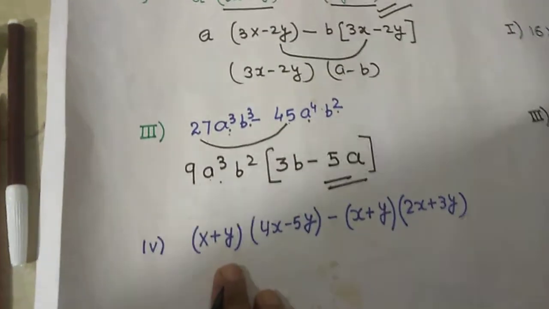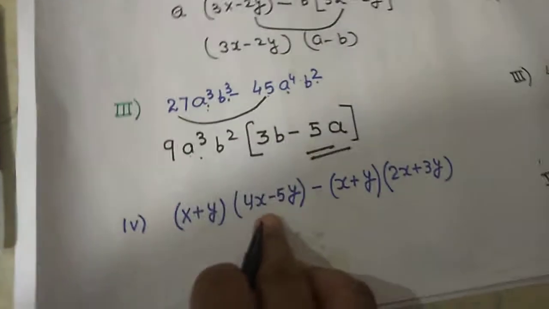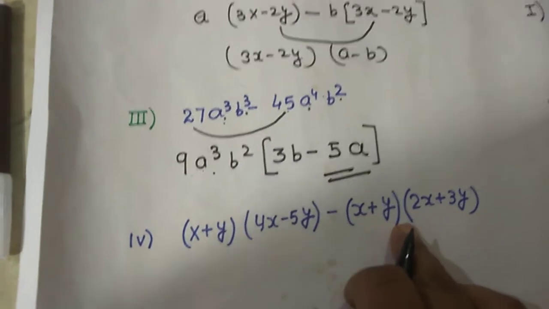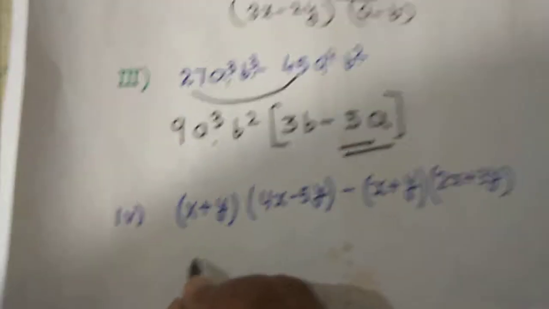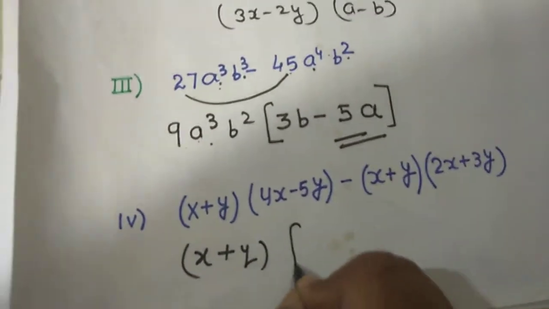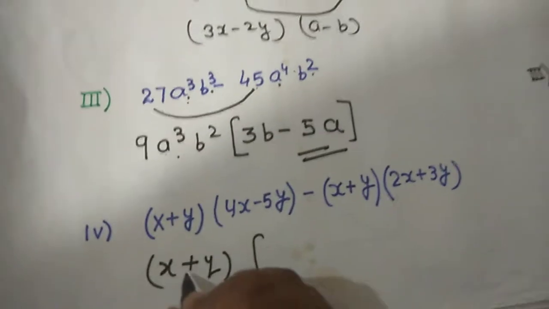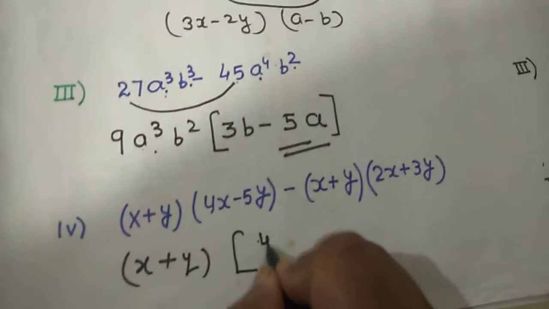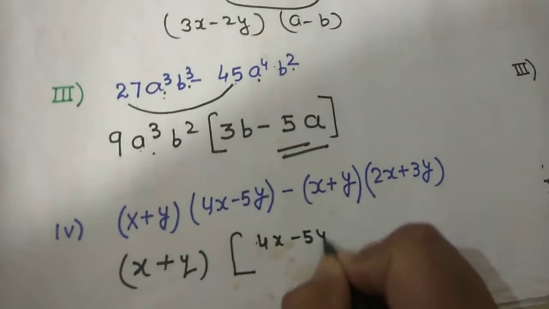Now check this question also: x plus y times 4x minus 5y, minus x plus y times 2x plus 3y. First of all, take x plus y common. Then here 4x minus 5y.